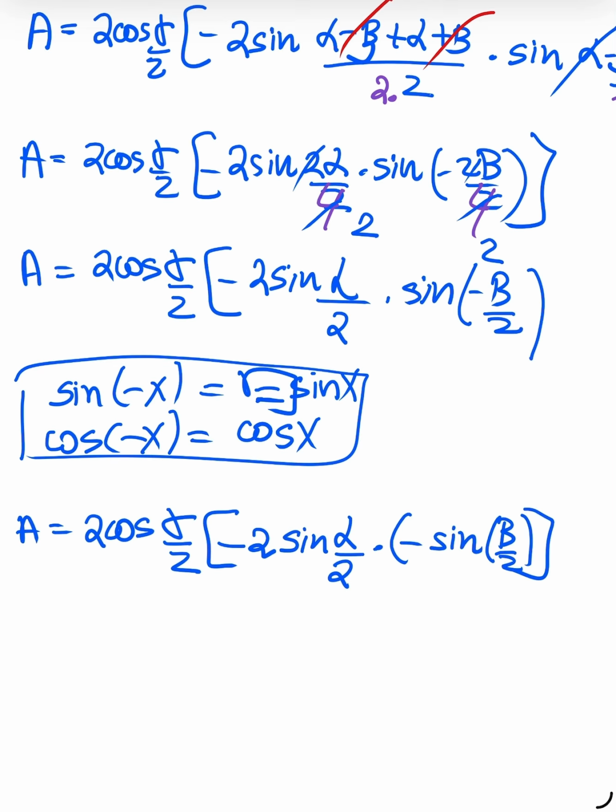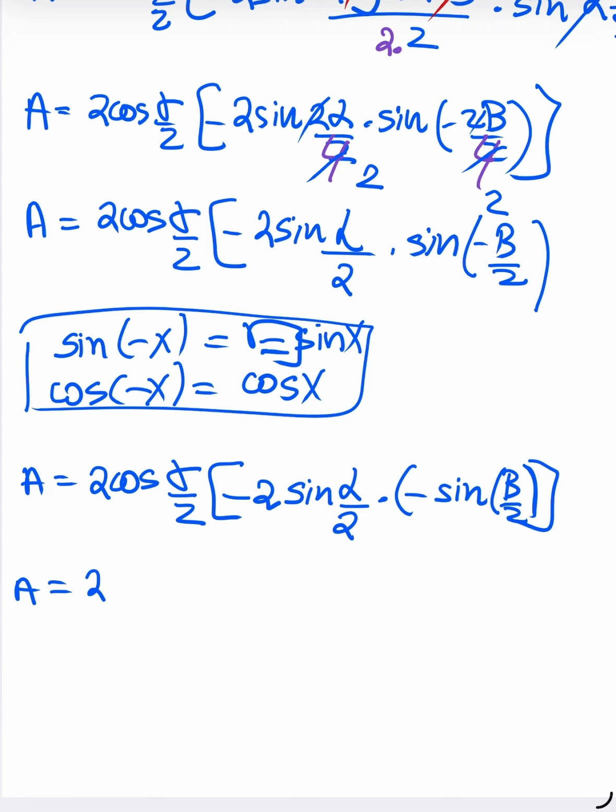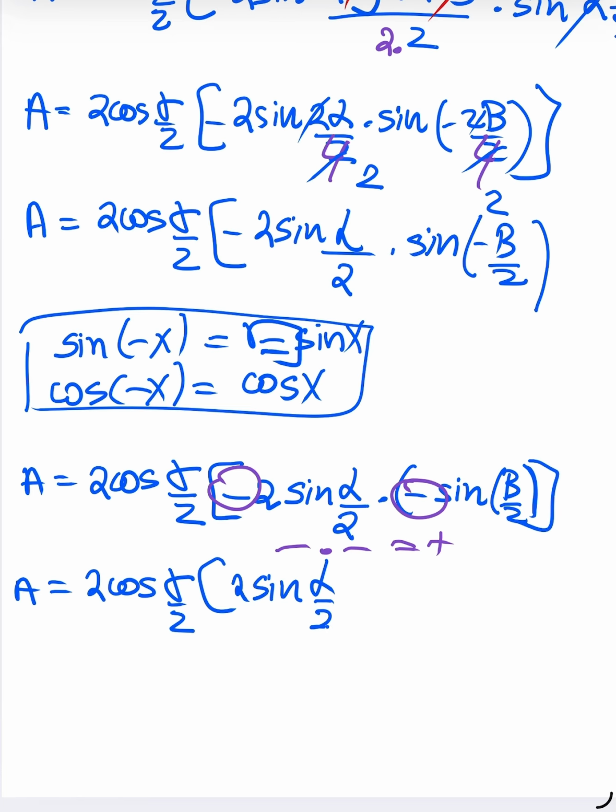So now we have 2 cosine gamma divided by 2. These two minuses, the minus here and the minus here, when we multiply minuses, we obtain plus. So we obtain only a positive value in the brackets: 2 times sine alpha divided by 2 times sine beta divided by 2.